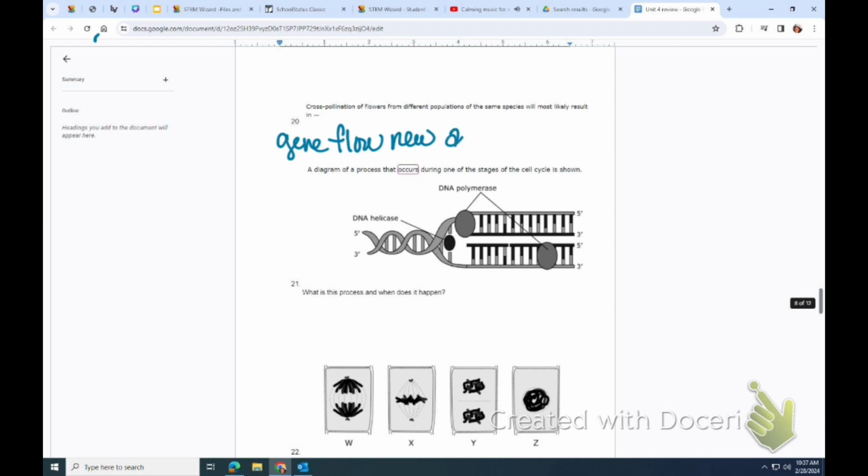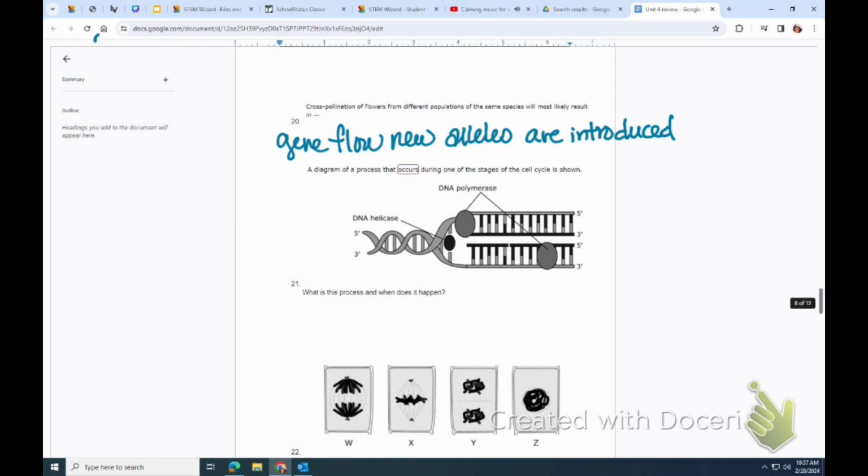New alleles are introduced. Anytime an organism from a different population that was cut off from before comes into a new one, it's always going to be gene flow. Think migration, okay? Next one.